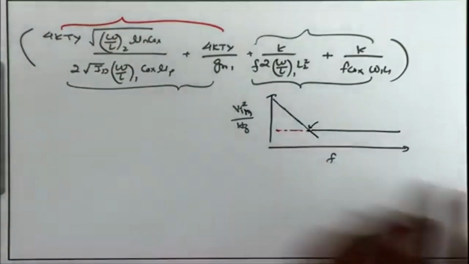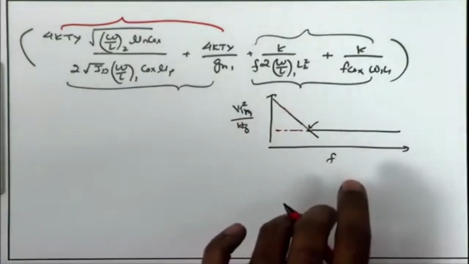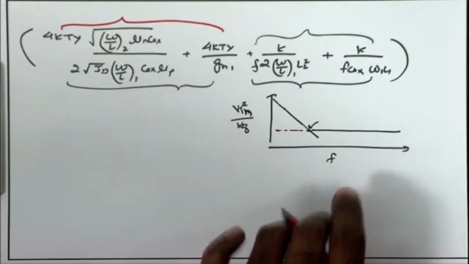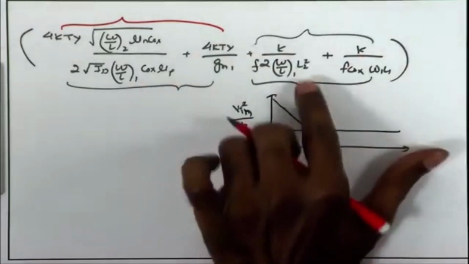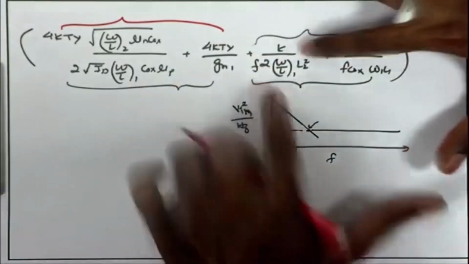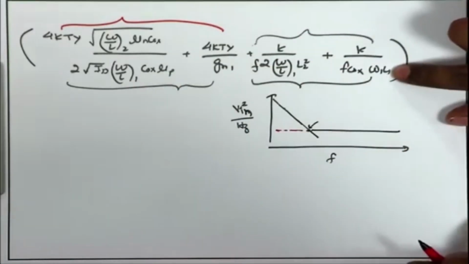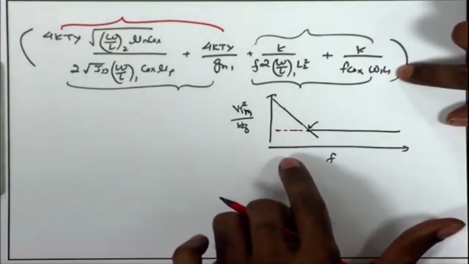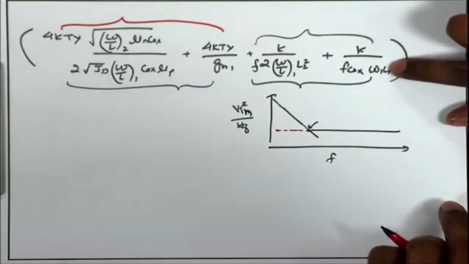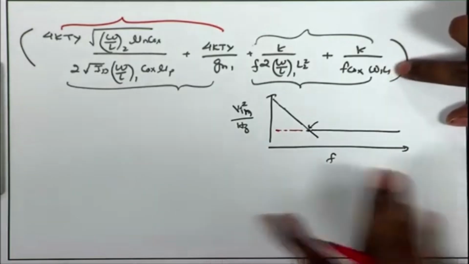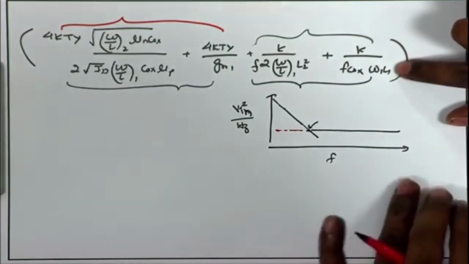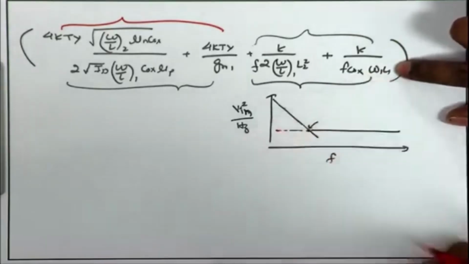Now, what is the dependency on these device parameters, W by L1 and 2? Here, if I look at the 1 upon f terms, we see that it is advantageous to go for larger W and L for the input device. So, if I make the W and L large, I can possibly get a smaller 1 upon f noise.